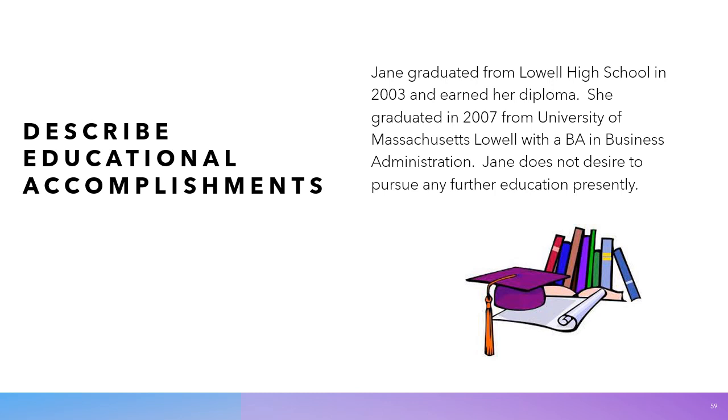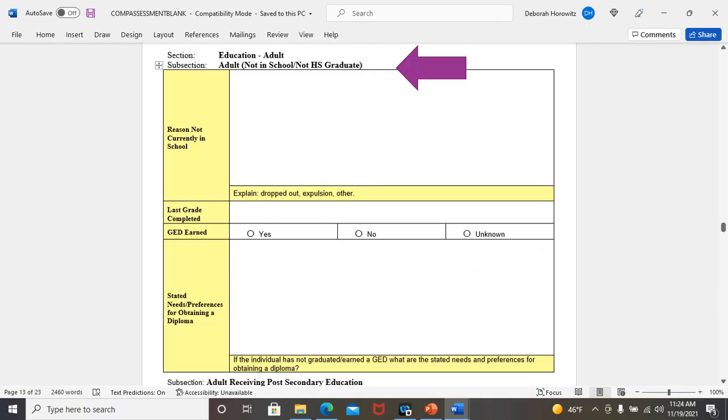Jane graduated from Lowell High School in 2003 and earned her diploma. She graduated in 2007 from University of Massachusetts Lowell with a BA in Business Administration. Jane does not desire to pursue any further education presently.